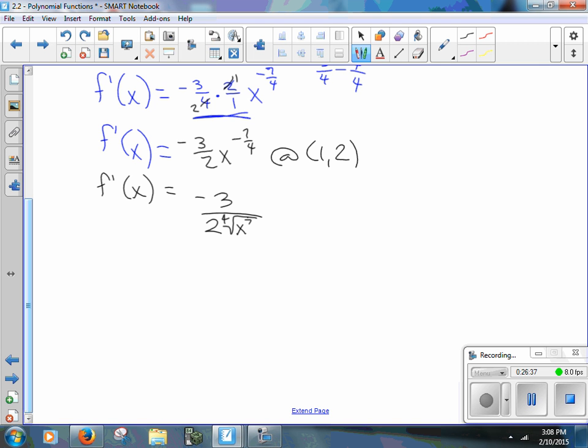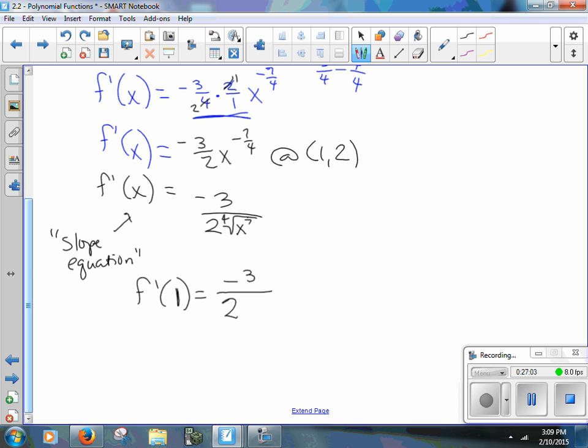And then I want you to think about it. That's the equation for the slope of any point on that curve. I want to know the slope at 1, 2. So what do I do now? That's our slope equation. That's not an official term, that's something we think of. We're going to plug in 1.